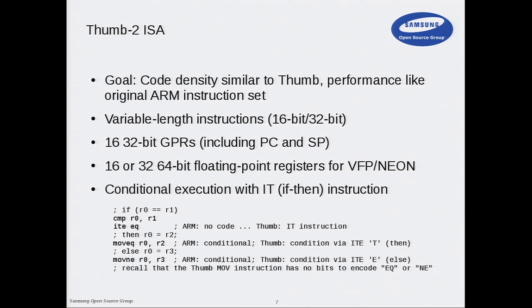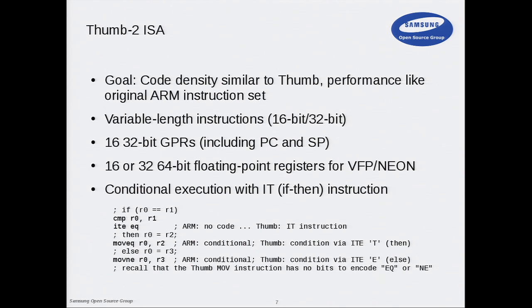On Thumb2, to preserve instruction size, there is no explicit field for conditional execution. However, you have the IT instruction, which stands for if-then, which allows you to predicate up to 4 consecutive instructions on the predicate you specify or the inverse of it.